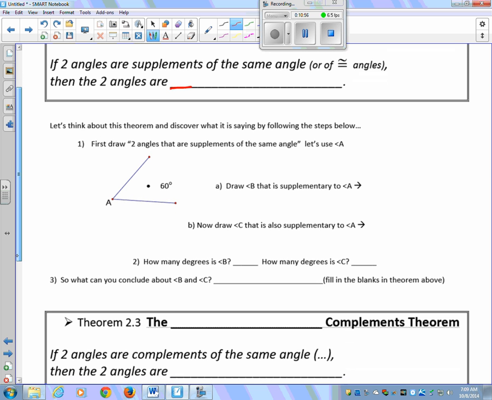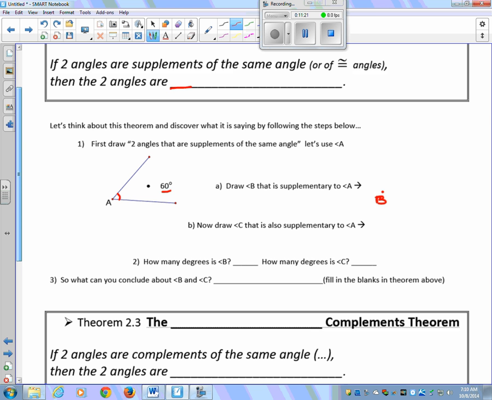So first draw two angles that are supplements of the same angle. So we're going to use angle A. We know it's 60 degrees. Right now I'd like you, by yourself, right here, to draw an angle B that is supplementary to angle A. If you know that A is 60 degrees, think about how many degrees angle B needs to be.